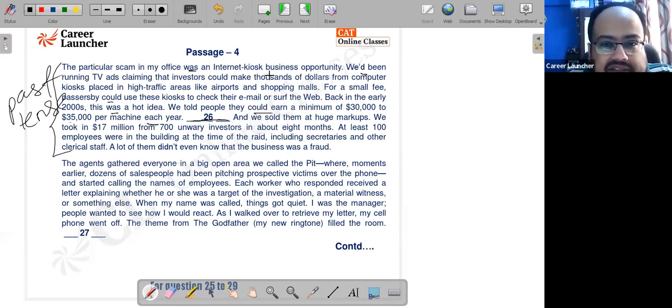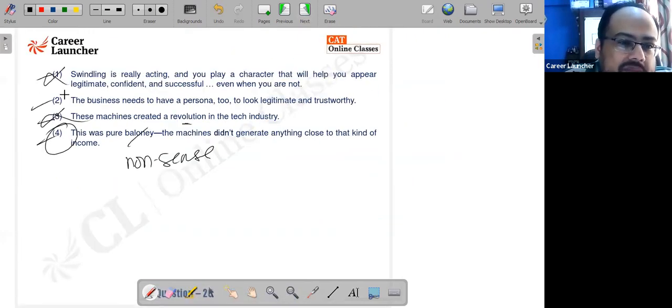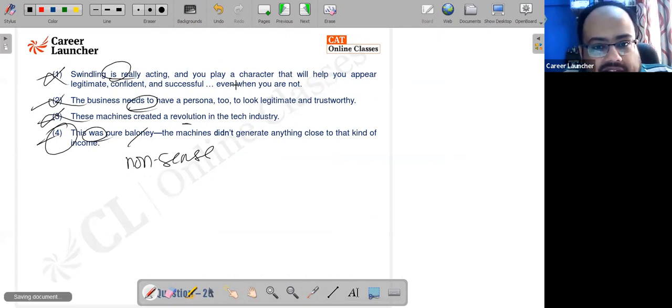Everything is in the past tense, which is why options 1 and 2 cannot be the answers. Why? Because option 1 is present tense, and option 2 is also present tense. So options 1 and 2 do not agree with the language grammar. Option 4 is in the past tense and it is negative as well. That is how the answer is option 4.